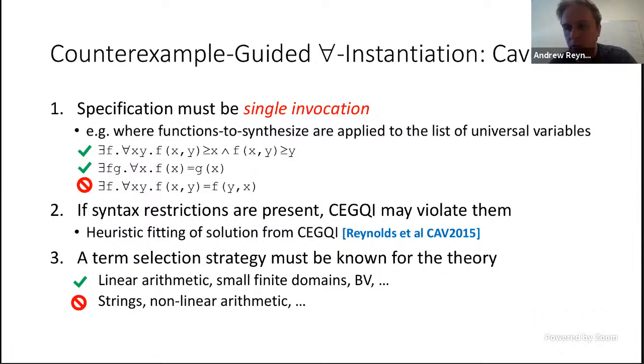We actually have to do the theory-specific work of devising this selection strategy. For linear arithmetic, small finite domains, and bit vectors, we know how to deal with these, but for more complex theories like strings and nonlinear arithmetic, we don't.